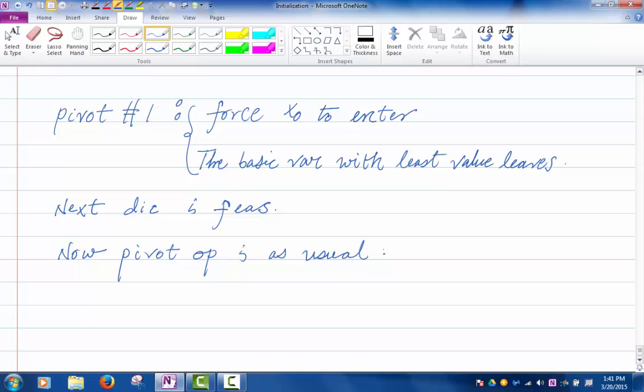Once you have the leaving, then what do you do? Can someone phrase that? Once you have the leaving variable, what is it that you need to do?